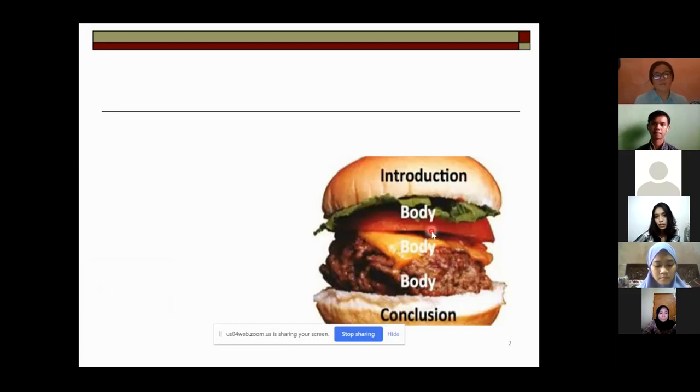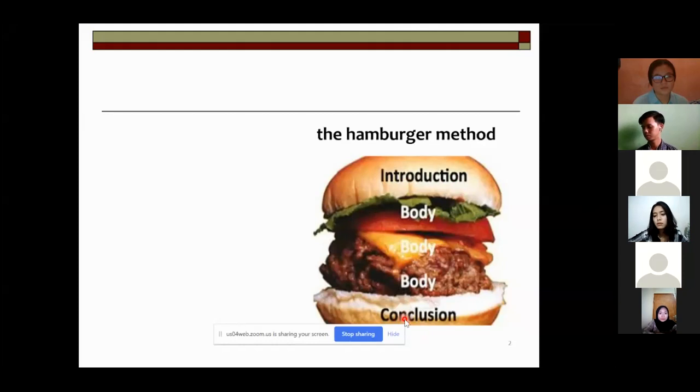So each presentation consists of an introduction, body, and then conclusion. Any kind of presentation, whether in English or Bahasa or any language, consists of three parts: introduction, body, and conclusion.